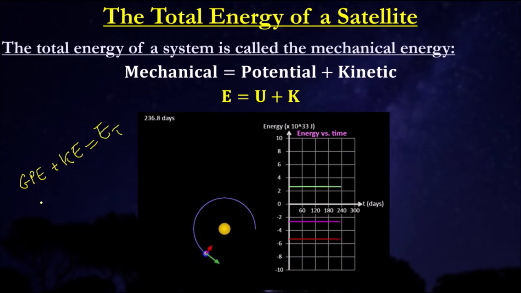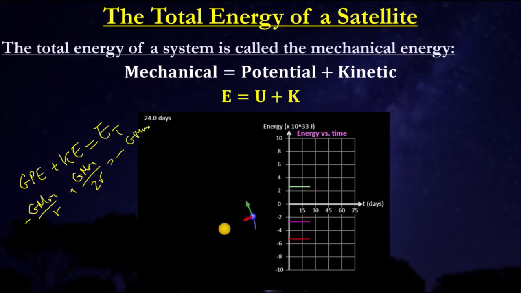We've also talked about what the formulas are. So gravitational potential is negative GMm over r. Kinetic energy is half of it, but in the opposite sign, so it'll be GMm over 2r, and then total energy is just half of our gravitational potential, negative GMm over 2r.